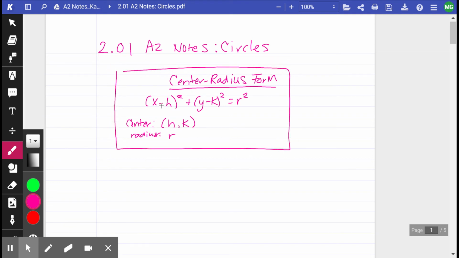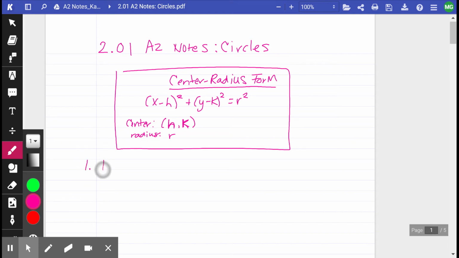So if you notice here, it's minus h minus k in the formula. That's why when you take it out, you take the opposite sign. So it would be positive h, positive k, making up your center. Just like when you talk about your parent functions and your shifts, when it's inside the parentheses, you do the opposite of what you'd think you would do.